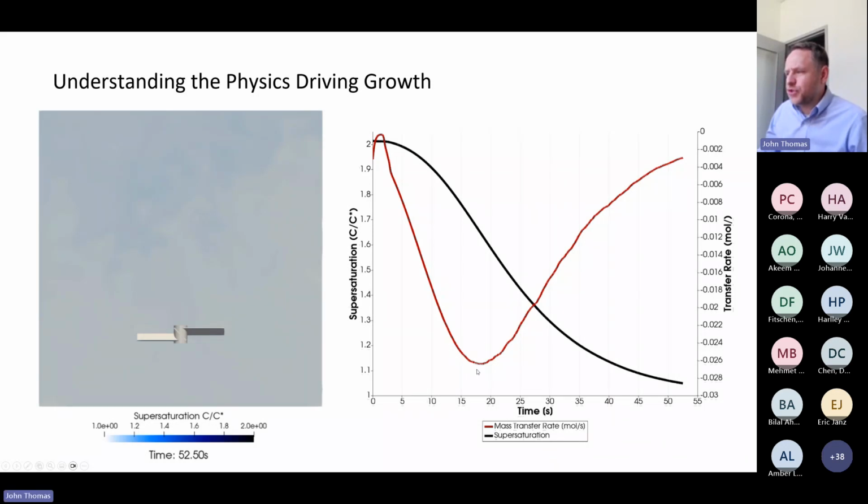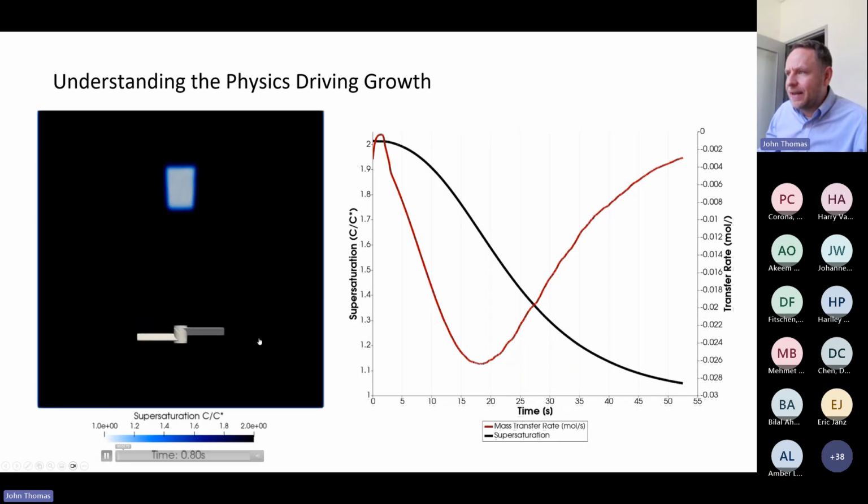Here is the actual mass transfer rate. It's plotted on the right here. These are all negative quantities, okay? And a negative quantity means that the particles are sucking it in, right? They're taking it out of the dissolved phase. And here's what we saw initially. Initially, we saw a mass transfer rate that went down in magnitude to 0. Why?